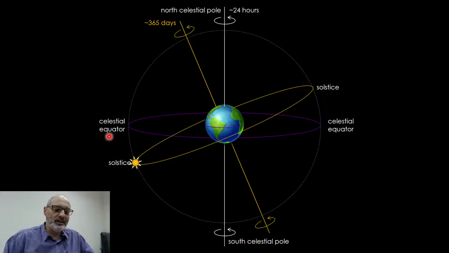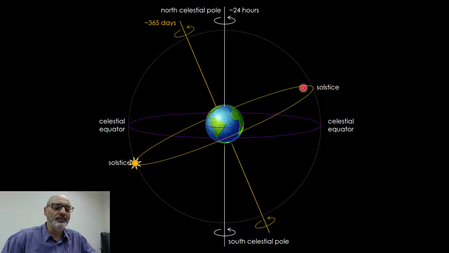If we project the translation of the sun on the celestial sphere, we have the ecliptic. So the sun moves around Earth, its axis is tilted, and this period takes roughly 365 days.